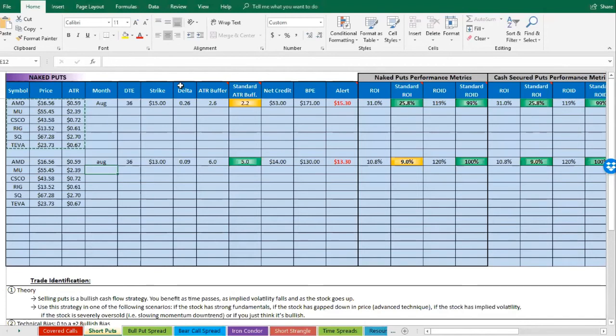Now, this ATR buffer right here, in your naked put spreadsheet tab, this will automatically populate, okay? If it's less than 2, I would have disqualified it. At 2.2 buffer on the 26 delta, I don't feel comfortable with that for a cash flow trade. You've got to remember philosophy here, guys, okay?